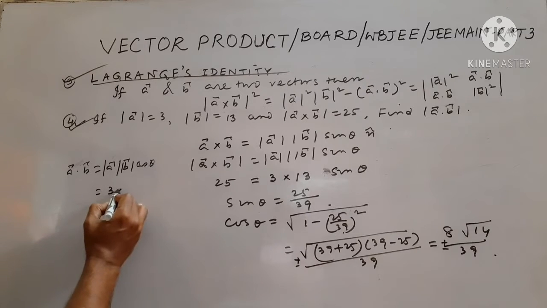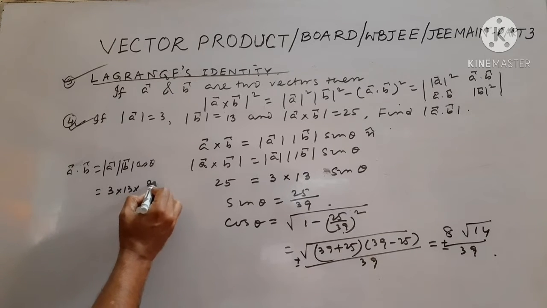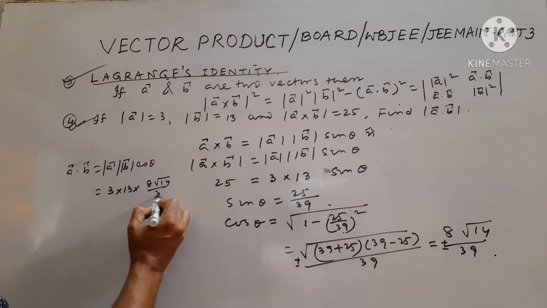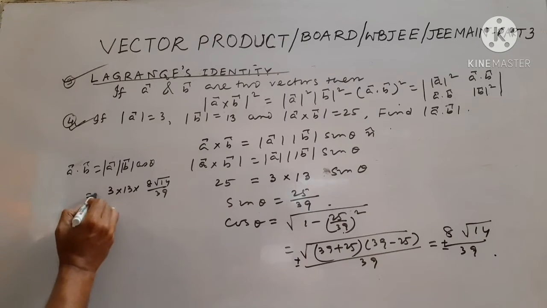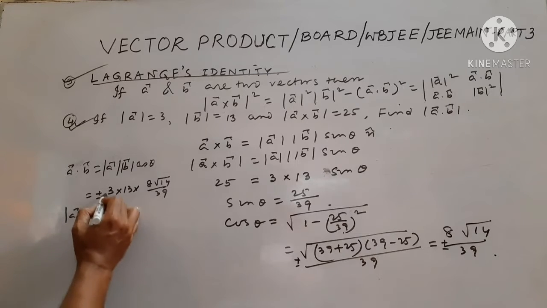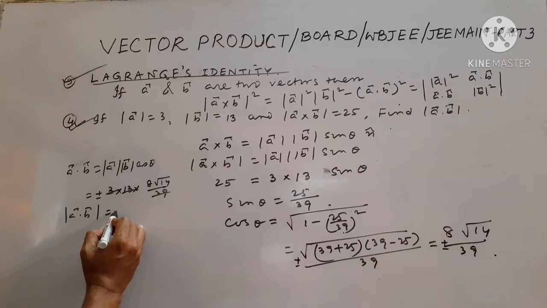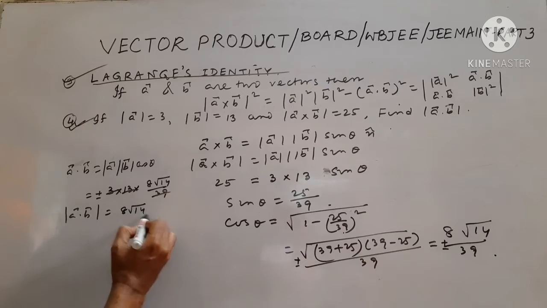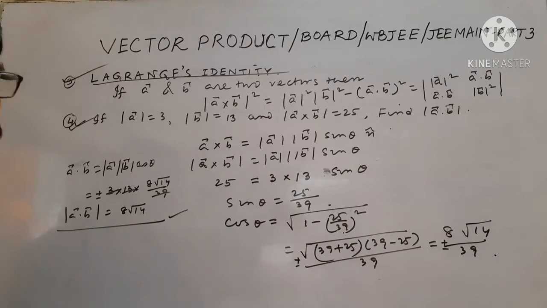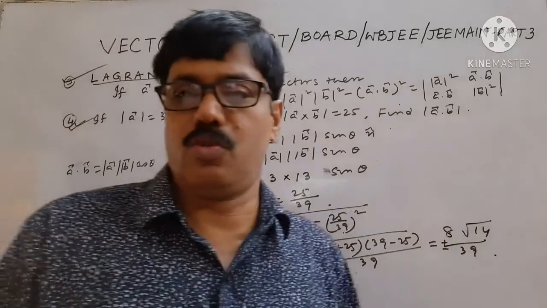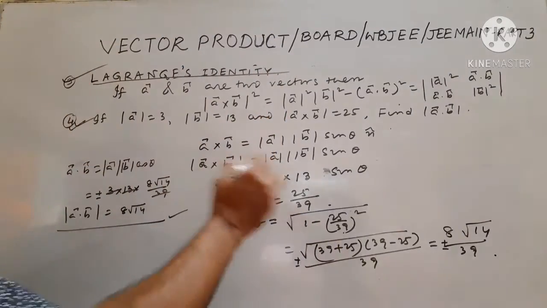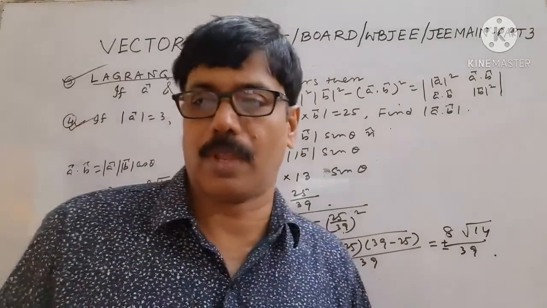So 3 into 13 into 8 root 14 by 39, with plus minus. So what is mod A dot B? So 39 cancels, so 8 root 14. So this is a 2 marks problem. Very simple problem.